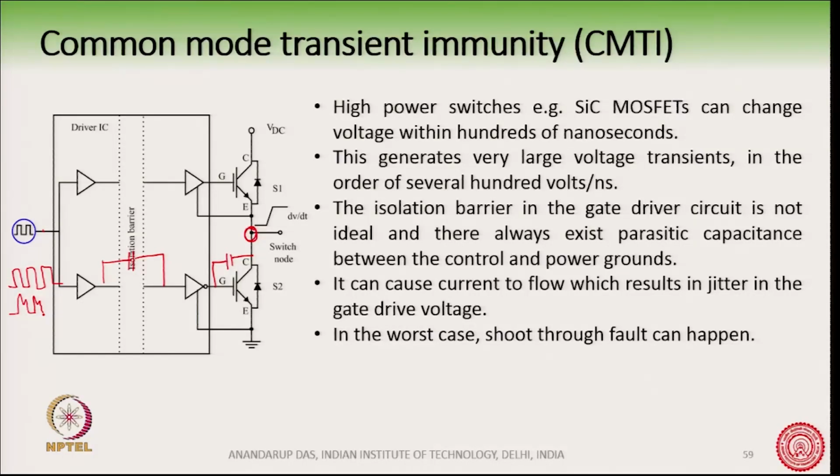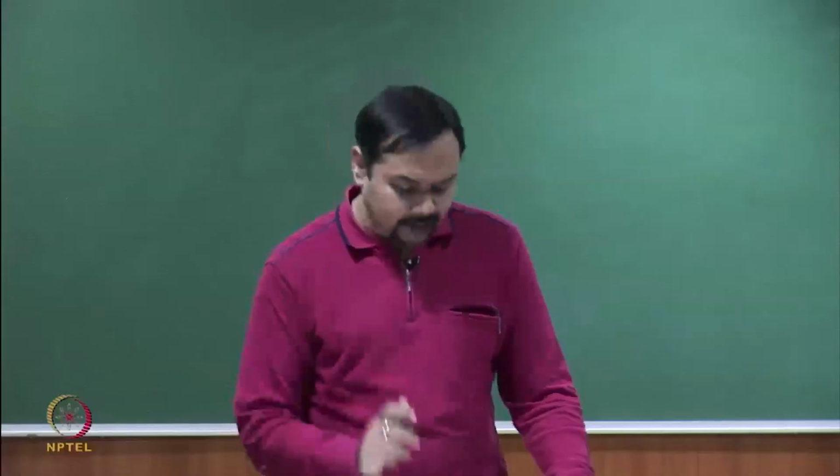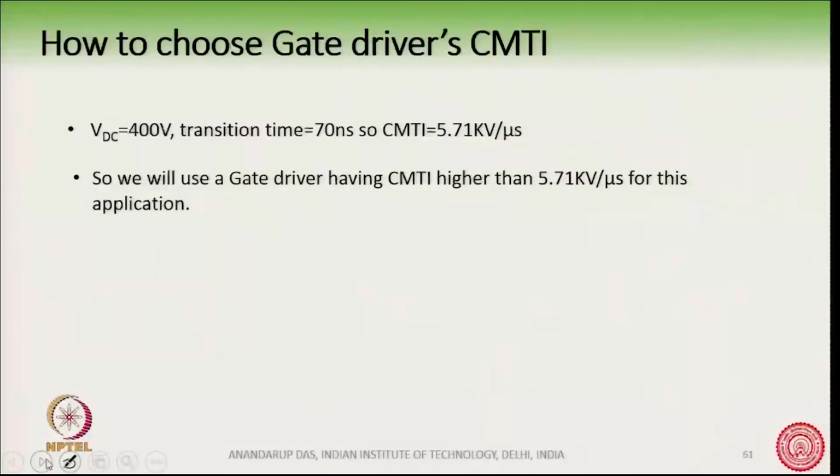So, the common mode transient immunity is specified as a quantitative measure for the gate driver circuit against such common mode noise. The driver needs to be able to withstand CMTI above the rated level to prevent noise on the low voltage circuit, and this is given as a value in the gate driver.